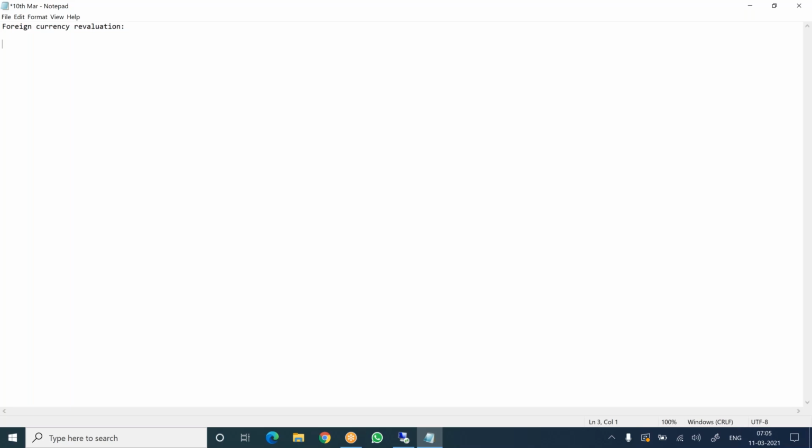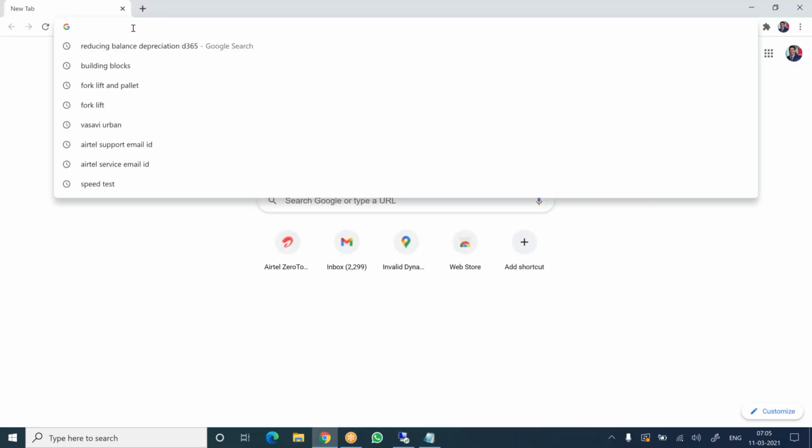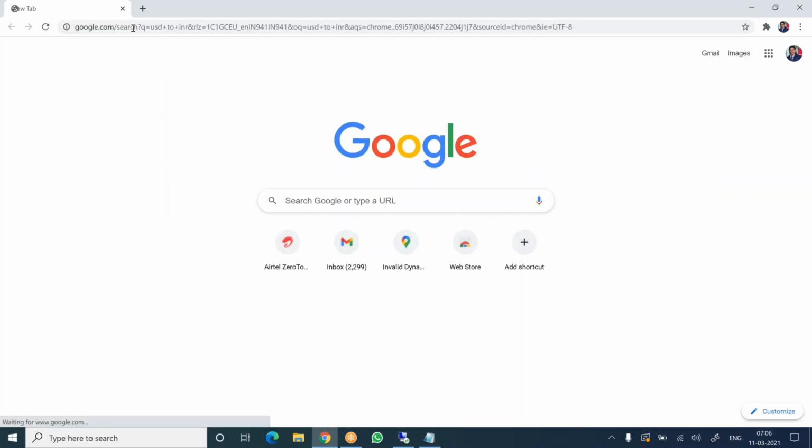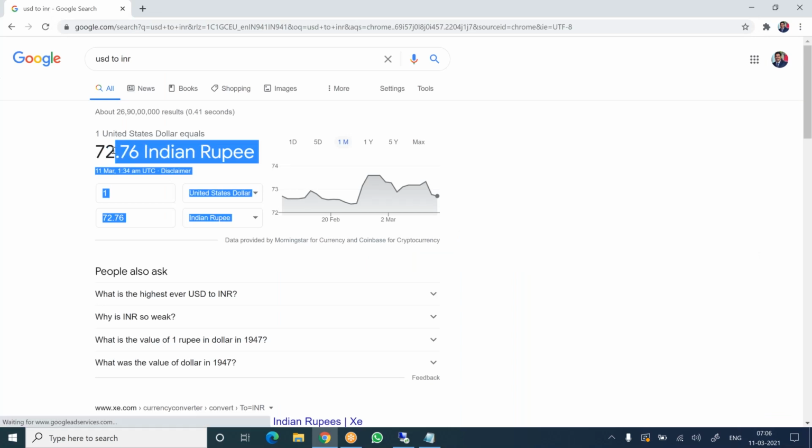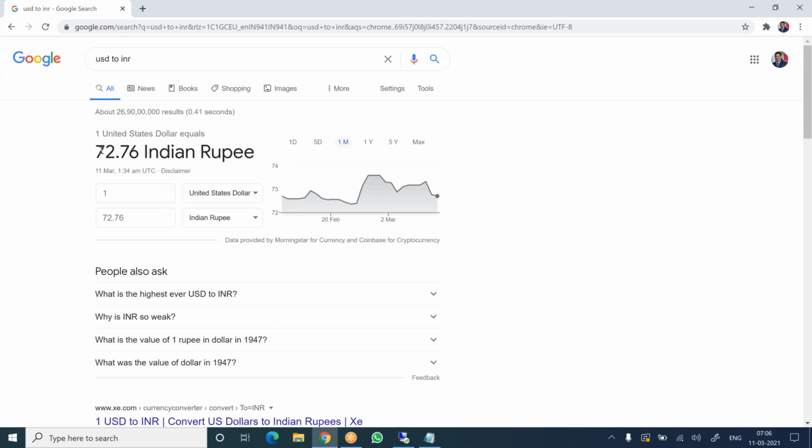Then immediately you verified the current rate of US dollars versus INR. You Google it: what is USD to INR? Quickly you have verified. Okay, it is 73 rupees.